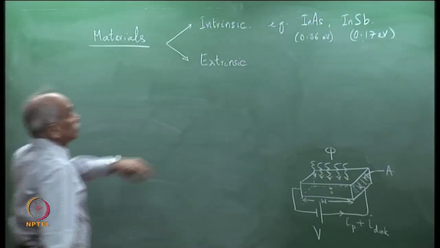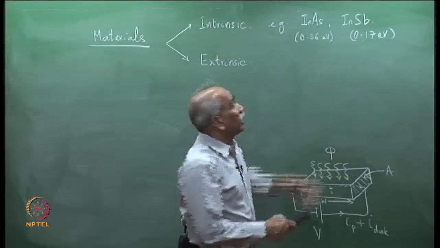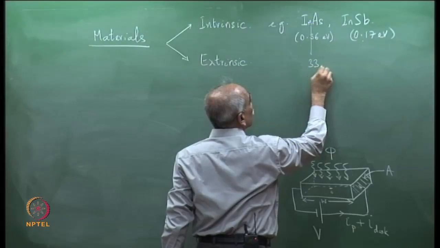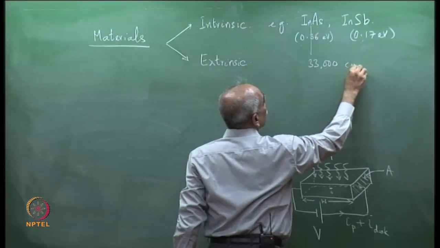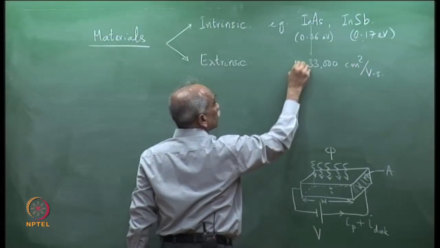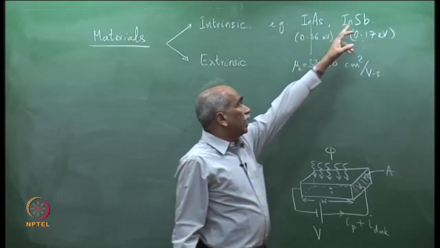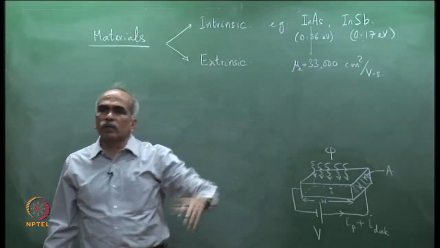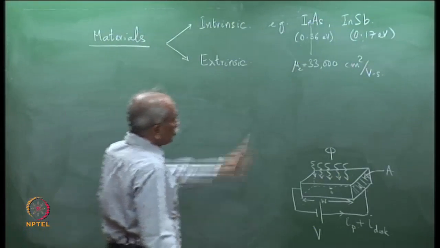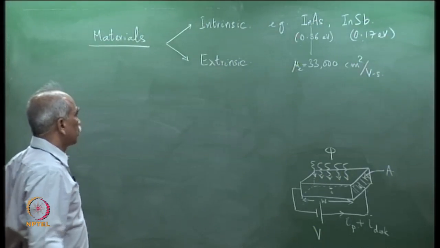These two materials are widely used because, as I also mentioned, they have very large mobility. Electron mobility in indium arsenide is about 33,000 centimeter square per volt second. Similarly, in indium antimonide, it is about 8,000 or 8,500 centimeter square per volt second. Very large mobility, and therefore very small transit time, and therefore you can get relatively large gain.